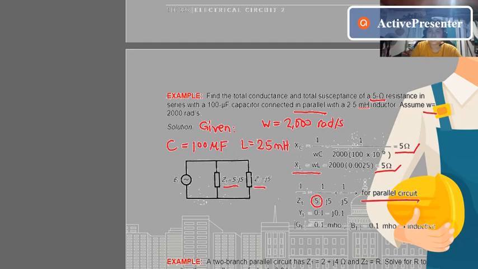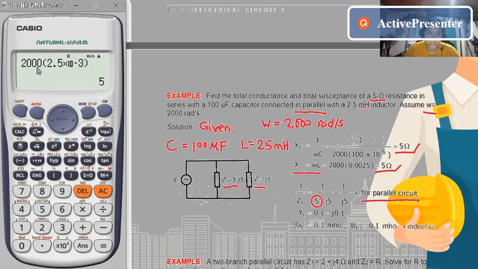Since a parallel circuit was given in the problem, and admittance is the reciprocal, first we need to solve for our total impedance. Since it is complex, we need to convert our calculator into complex mode.